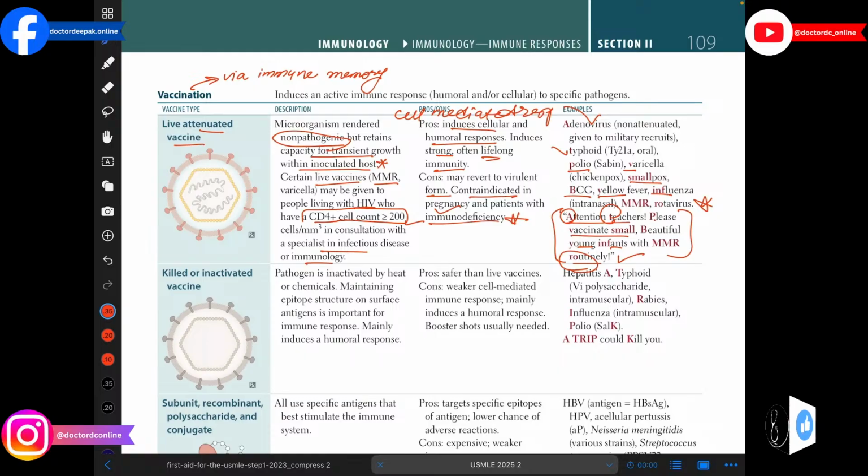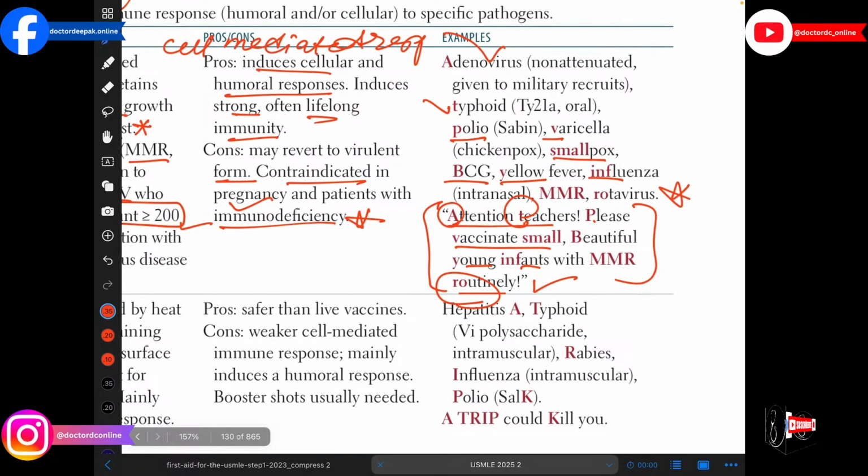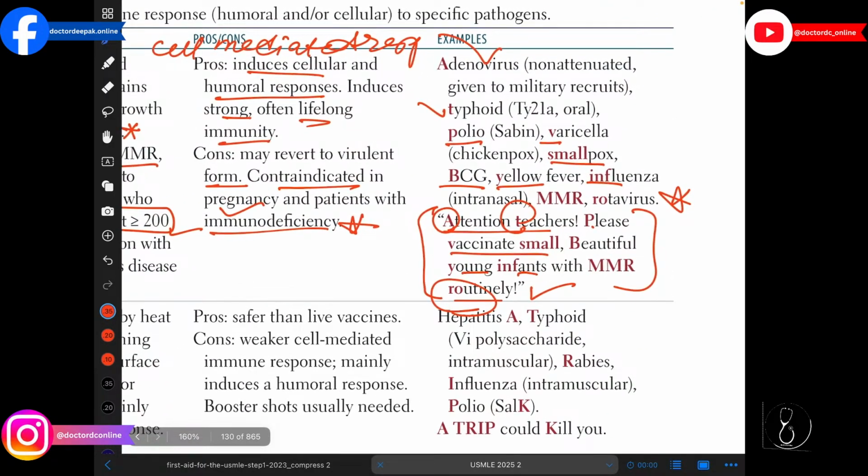Don't forget this mnemonic: Attention teachers, please vaccinate small, beautiful young infants with MMR routinely. So the vaccines are adenovirus, typhoid, polio, varicella, smallpox, BCG, yellow fever, influenza, MMR and rotavirus.